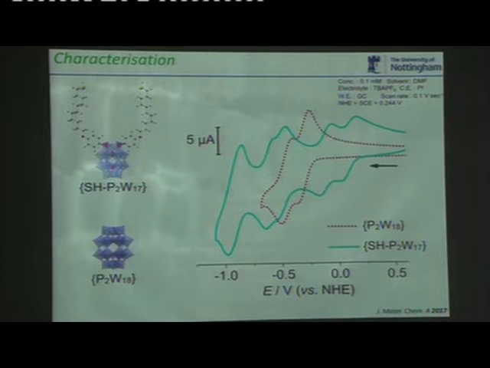Again, like we've seen in all of the other systems, when we compare the redox potential of the P2W18, which is the dotted line, to that of the hybrid, the organic hybrid is far more positive in its first and second redox potentials compared to the P2W18.